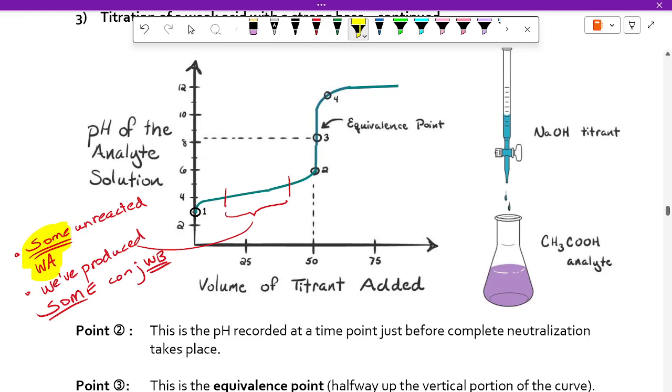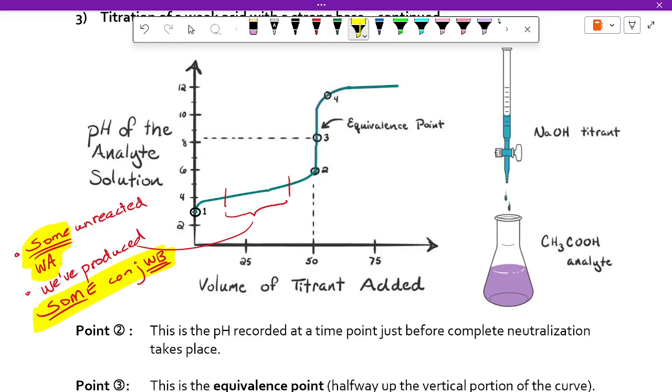So we have some weak acid and we have some conjugate weak base. What does that make? It makes an equilibrium. It makes a buffer. So we call this the buffer region of the curve.